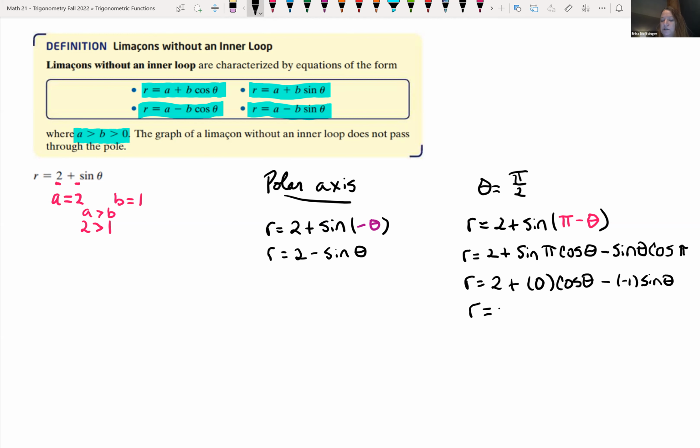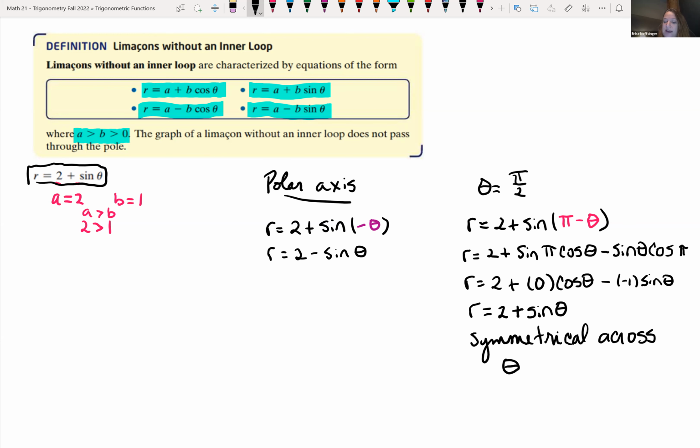And so r is equal to 2 plus, because minus a negative, sine of theta. And so I noticed that this is the same thing as my original equation, r equals 2 plus sine of theta. So this remains unchanged. So we know that it's symmetrical across the line theta equals pi halves.